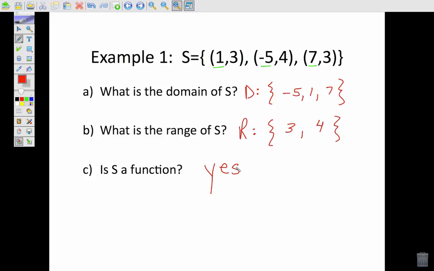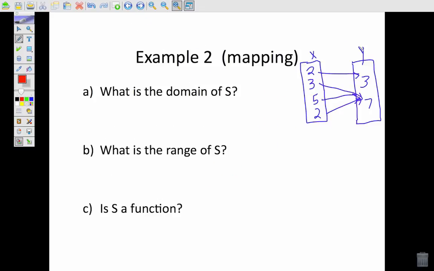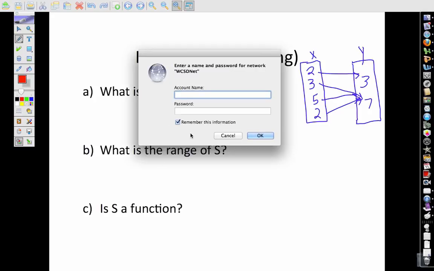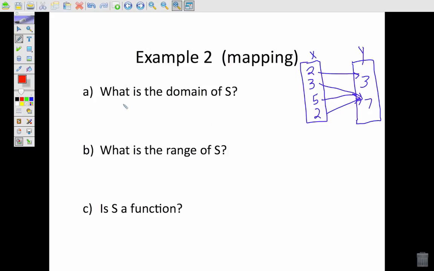Okay. We are still on page 3. Now we're going to go ahead and look at example 2. Here's the mapping that you see there on your page. We're going to go ahead and look at the mapping and determine these parts. So what is the domain? So domain would be, again, all of the x's.